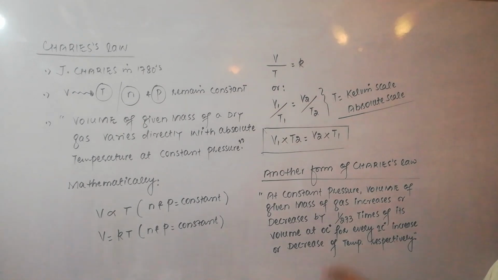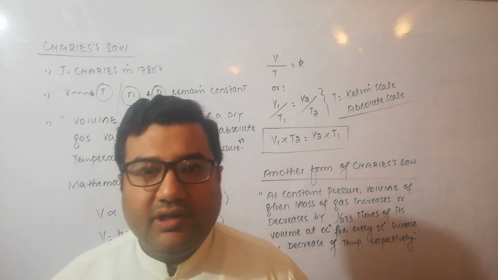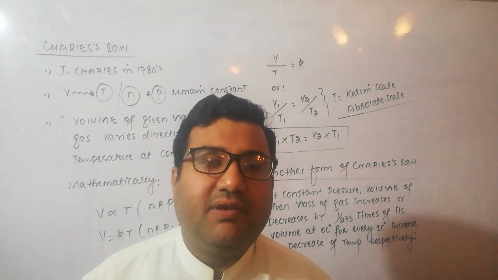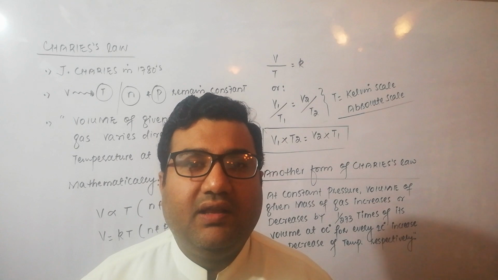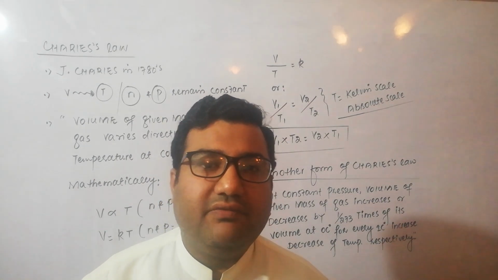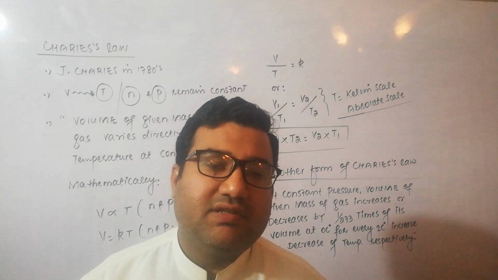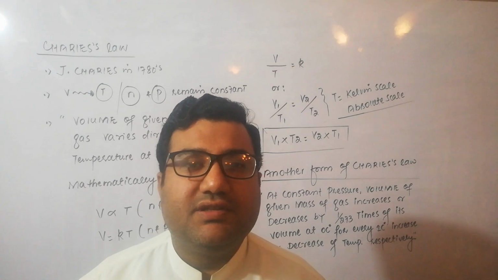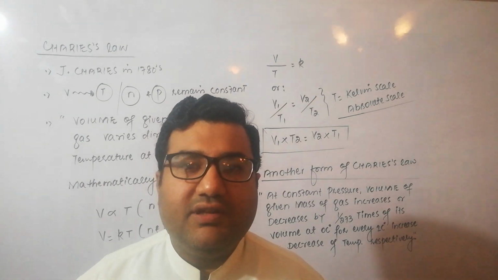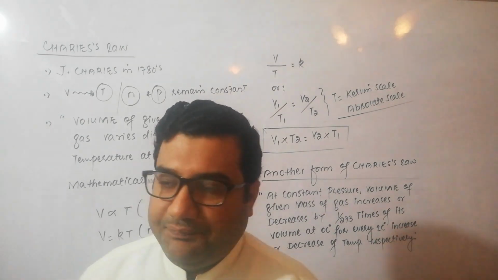This is another statement of Charles's law: if the pressure is kept constant and you increase the temperature of the gas by 1 degree centigrade, then the volume will be increased by 1/273 times of what the volume of the gas was at 0 degree C, meaning the original volume of the gas. The original volume is actually the volume of the gas at 0 degree C.